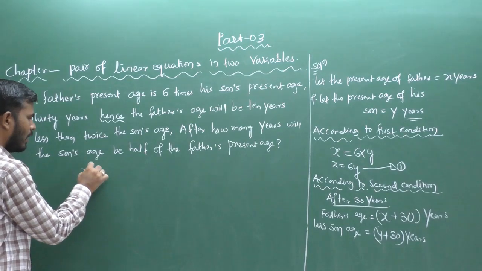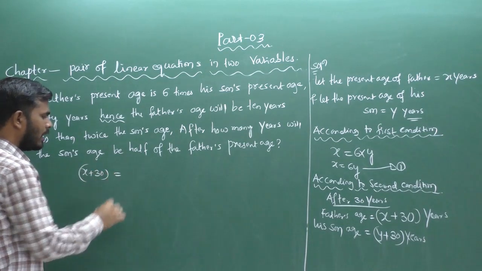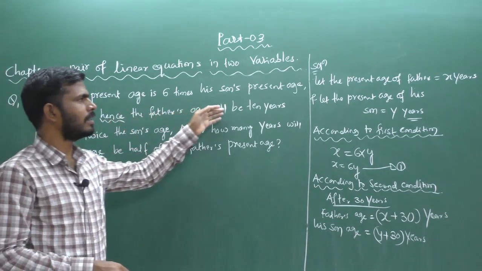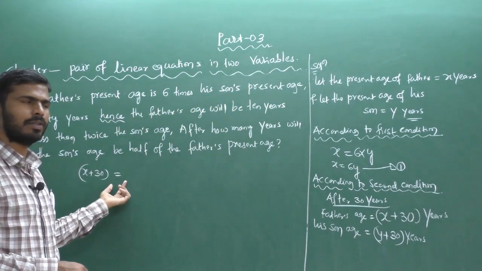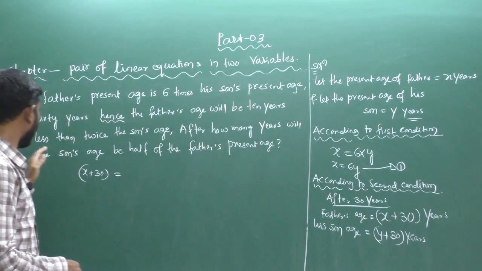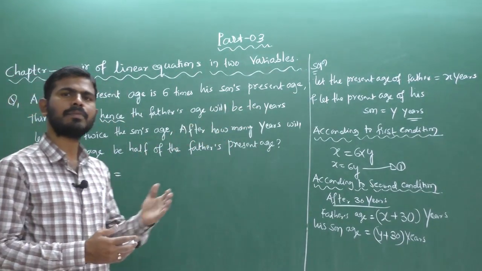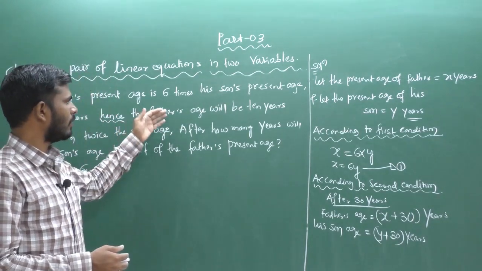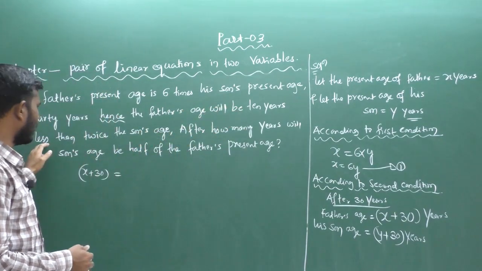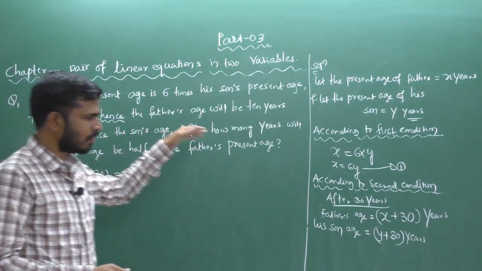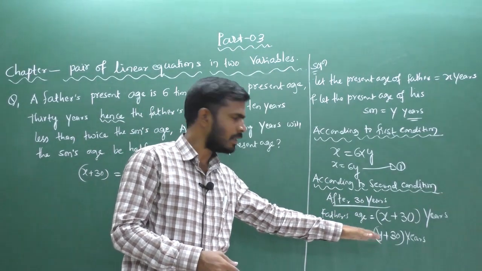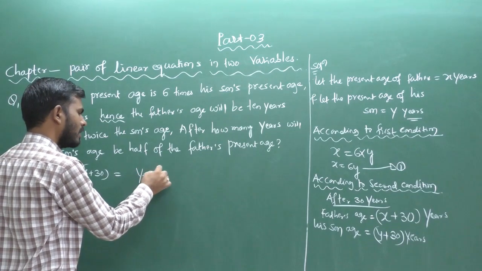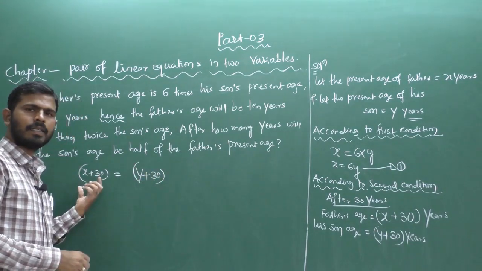You can write x plus 30 equal to, after 30 years, the father's age will be 10 years less. 10 years less means minus; 10 years more means plus. So we have to read that the father's age will be 10 years less than twice his son's age. After 30 years, the son's age is y plus 30. X plus 30 is the father's age.